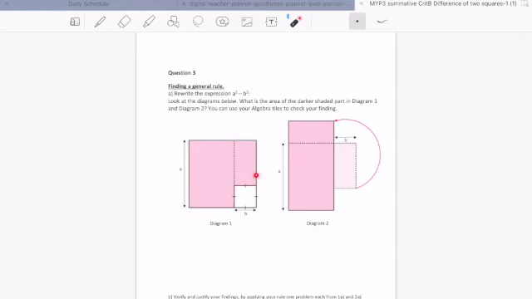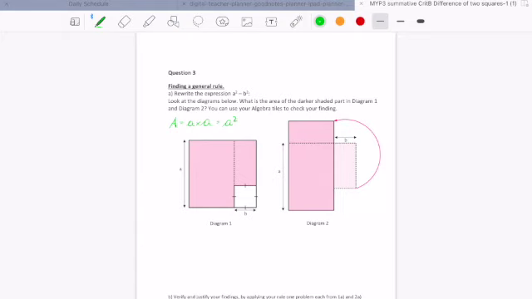Now this pink shape here is made from one square with the side length of A. So that would be A. Let's just call it A1, being equal to A times A, which is A squared, right?